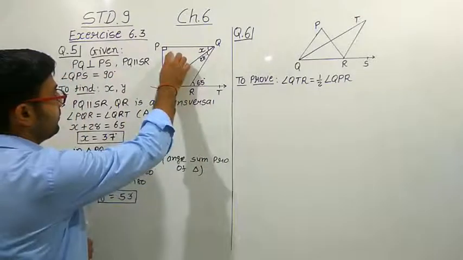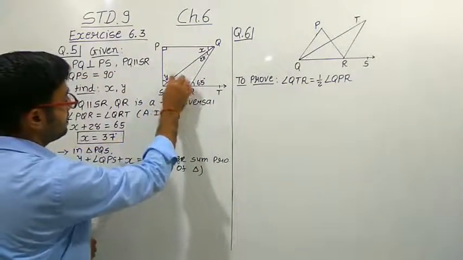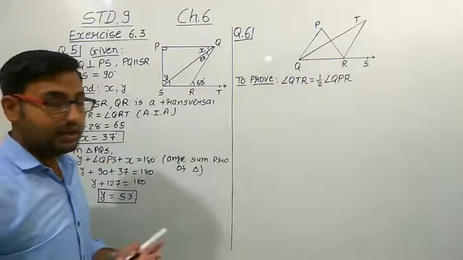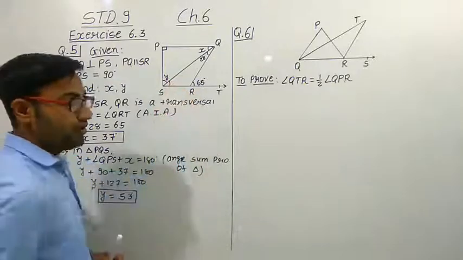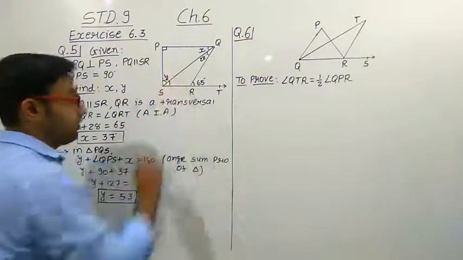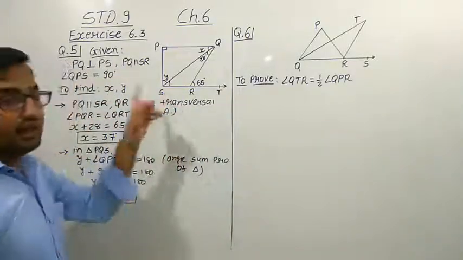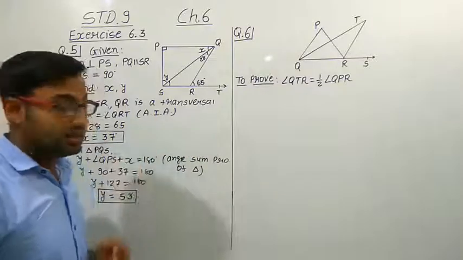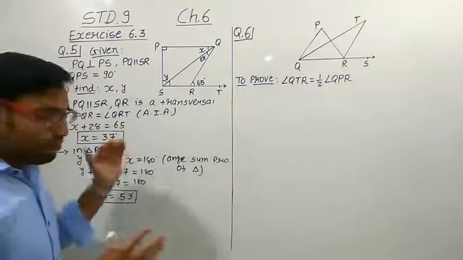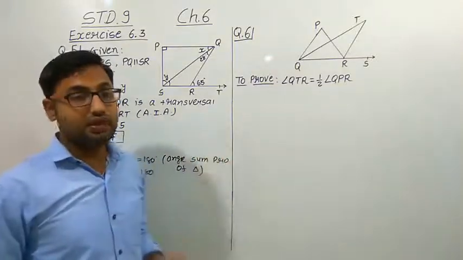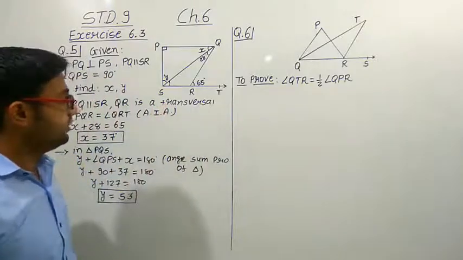This is 90 degrees. Now these two angles also make 90 degrees. Out of that, this angle we have already found out. So we can find the value of Y. This is for you. You can apply this and find these angles this way also. So there are two methods to solve these values, right?